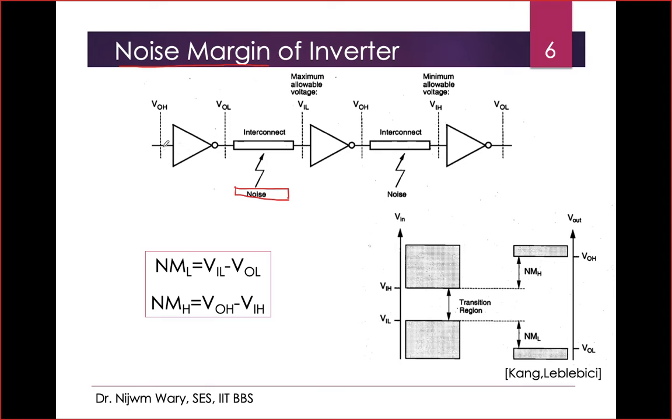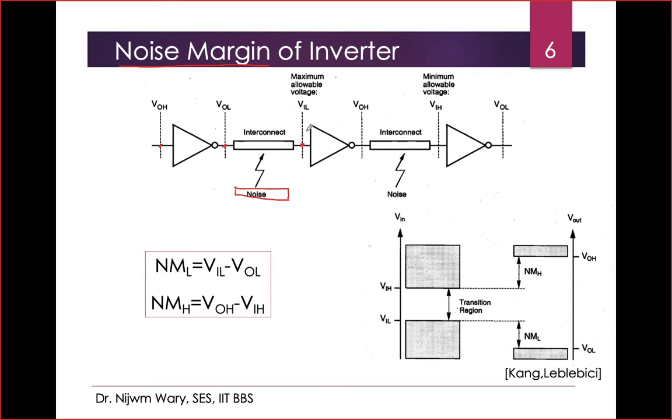Now suppose the input to this inverter is VOH. Then the output of this inverter will definitely be VOL, as we have discussed in the previous slide. Now the maximum allowable voltage will be VIL. Suppose this is VOL, the lowest voltage applied to this inverter, in the logic 0 state.